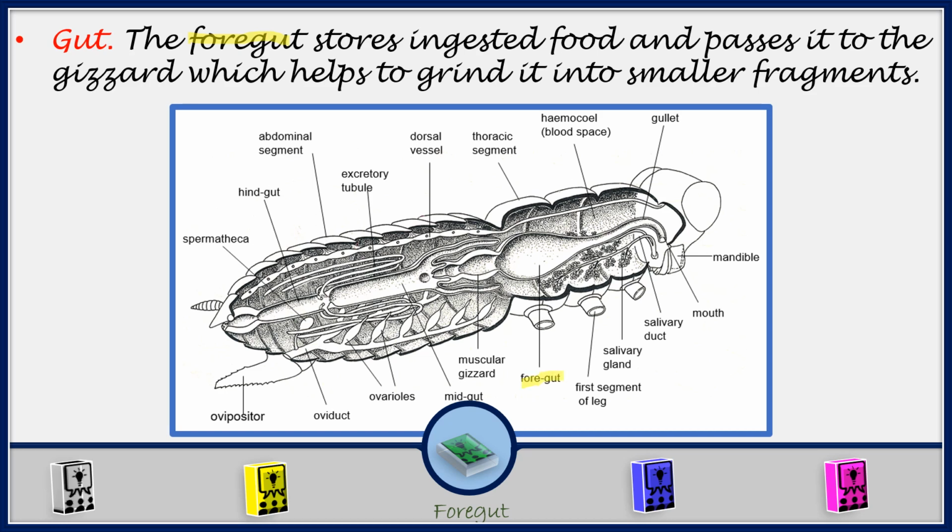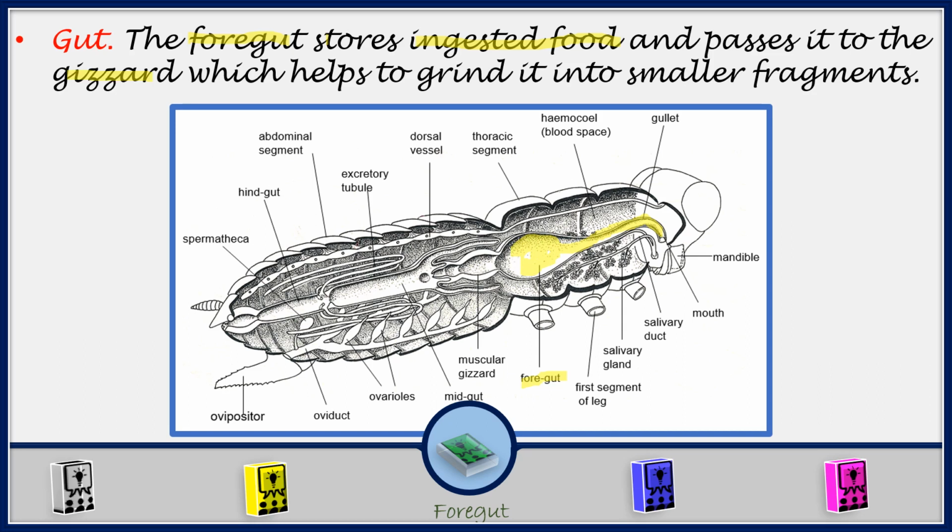So the foregut, this part here, stores ingested food. When the food comes in from the mouth, it is stored here in the foregut. Then from there, it will pass to the gizzard.